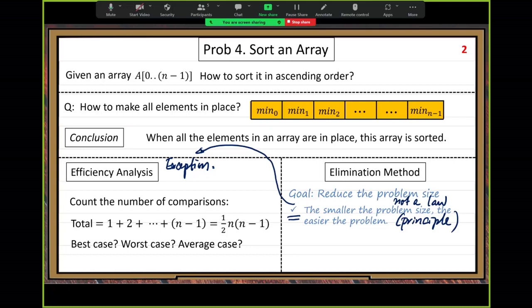So here I want to show you a special example. This is a problem with a smaller size that could be harder than a problem with larger size.